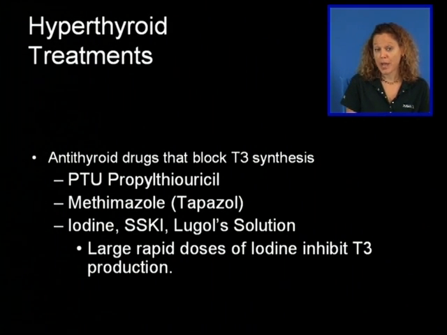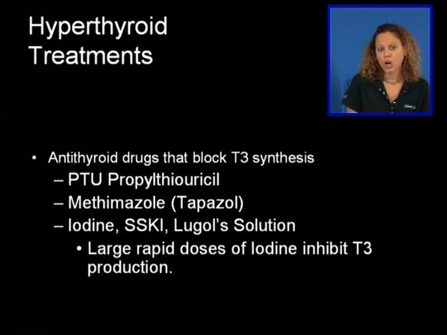Other treatments for hyperthyroid include antithyroid drugs that block T3 synthesis. Propylthiouracil, or PTU, is one such drug, and so is Tapazole, or methimazole. Iodine, also known as Lugol's solution, can actually inhibit T3 production.